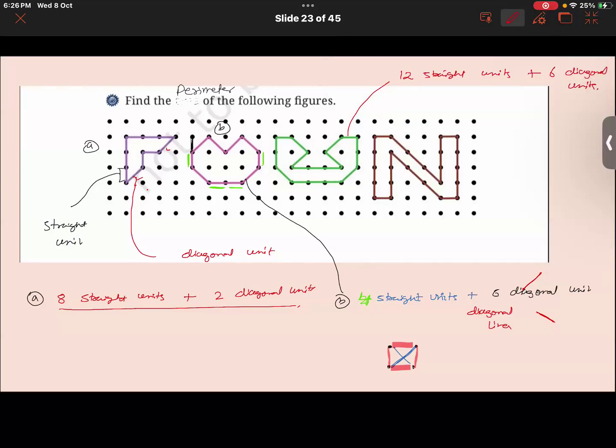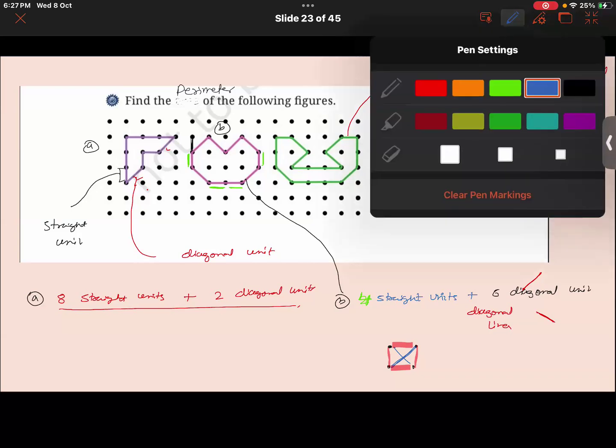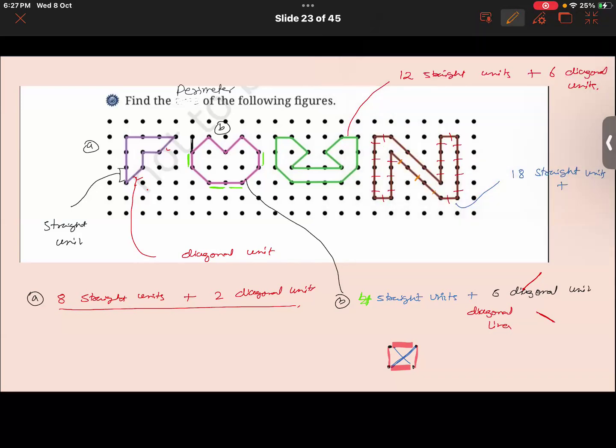One, two, three, four, five, six, seven, eight, nine, ten, eleven, twelve, thirteen, fourteen, fifteen, sixteen, seventeen, eighteen. That's it. There are only 18 straight units in it, right? And how many diagonal units here? One, two, three, four, five, six. So six diagonal units are there in it. Okay, so these are kind of fun questions to do.